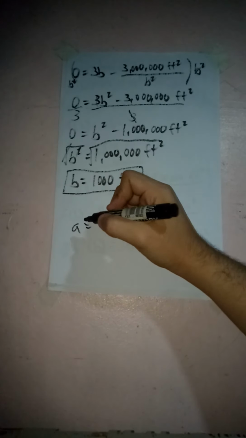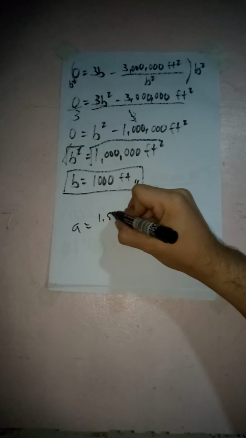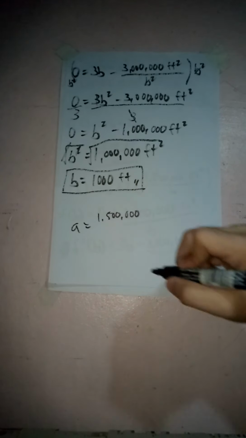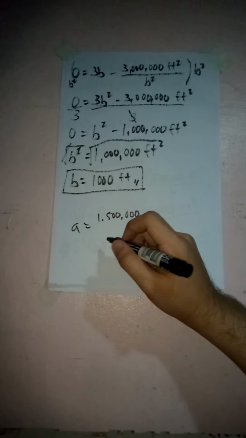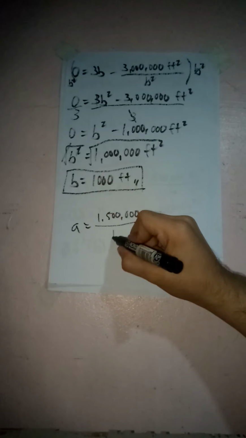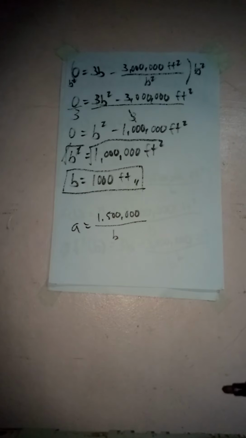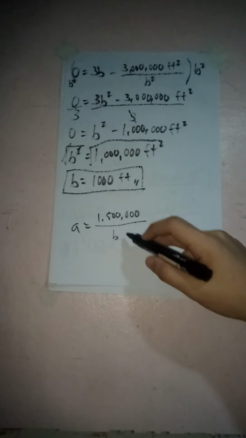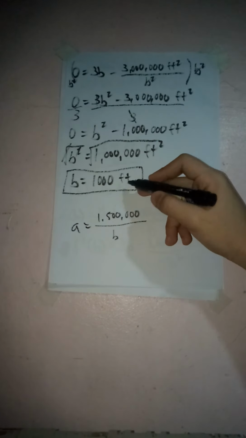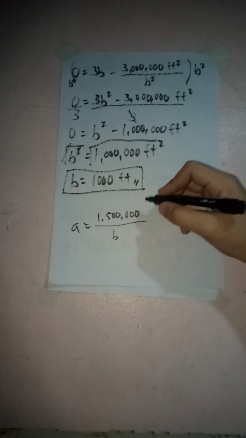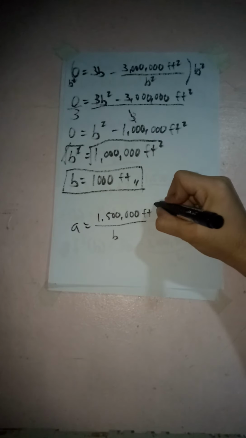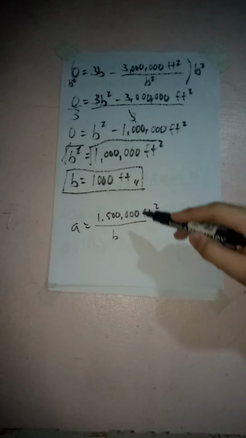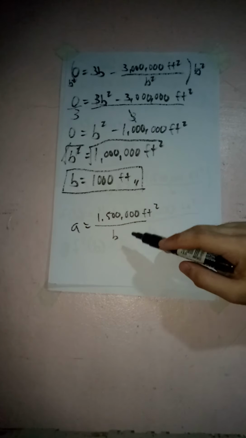A equals 1.5 million divided by B. So we already got the B. Now we are going to substitute this 1,000 feet, which is the length here.